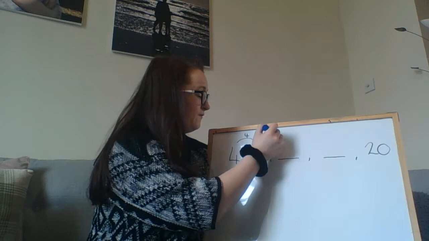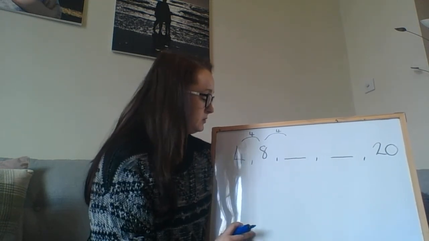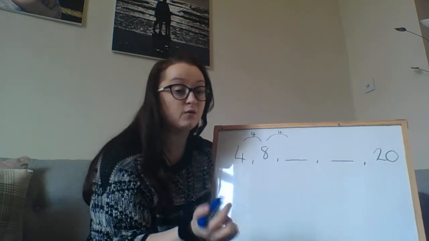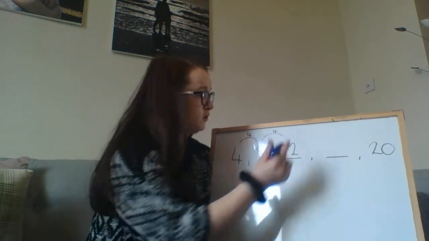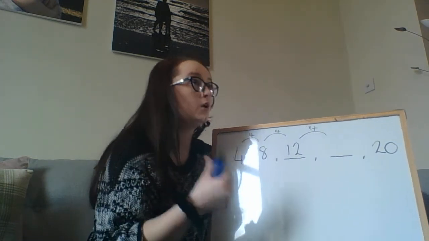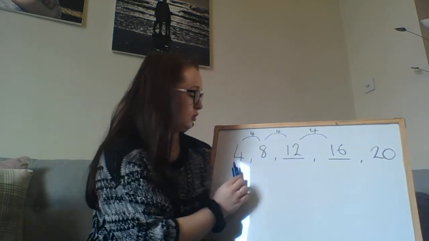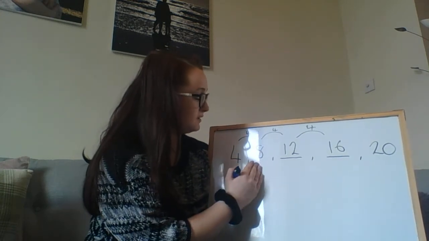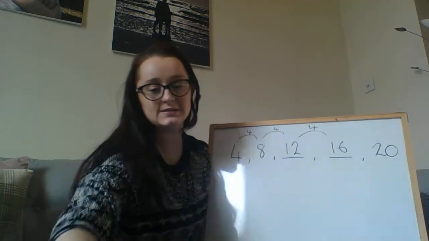So if we add 4 to 8, what do we get then to find this missing number in the sequence? 4, 8, it will be 12. If you got that right, well done. And then we're going to add another 4. So 12 add 4, 16. So you know that this number sequence here is looking at the 4 times table. We're using repeated addition using 4. So 4, 8, 12, 16, 20.